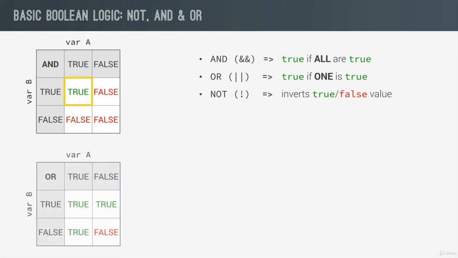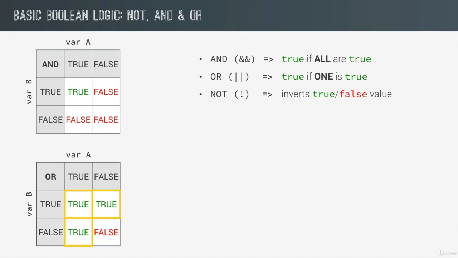All right, and now the second truth table is for the OR operator. And here things work a bit differently. So with the OR operator, it's enough for one of the variables to be true in order to make a OR b come true. And again, that makes sense, right? So it's called the OR operator because only a or b needs to be true in order for the final expression to be true.